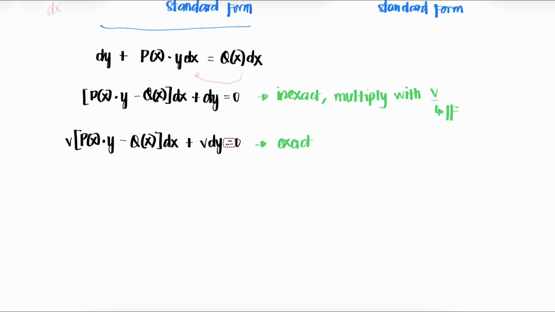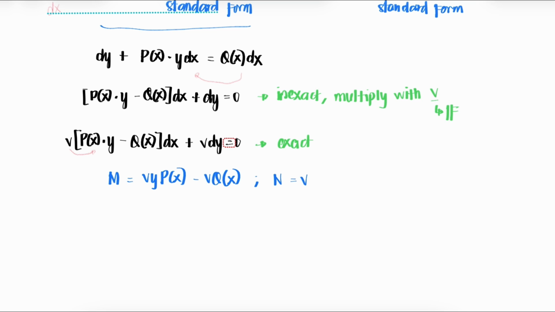And because this is exact, then our M of x, y, let me just use M, is equal to v y p of x. We just multiply that here, that's v y p of x, and then minus v q of x, right? And N right there is equal to v.